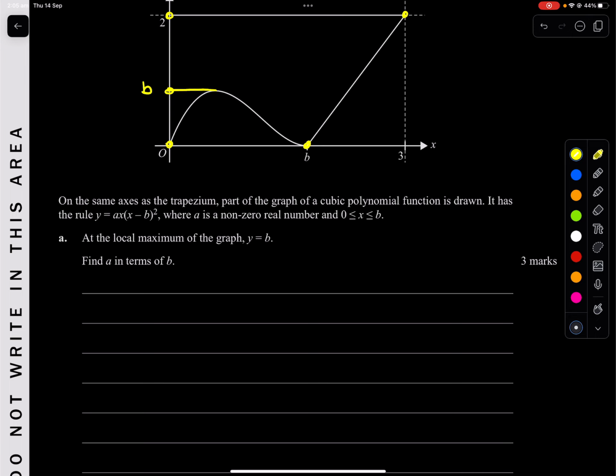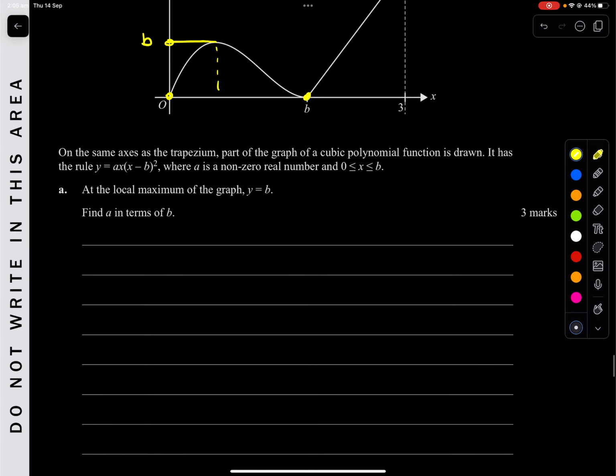Okay. Let's find the value of this maximum. Well, we know the minimum is at b, but let's try to find the maximum. So if we find dy/dx, that's u and that's v. So we can say, ax, bring that 2 there, x minus b, plus x minus b squared times a.